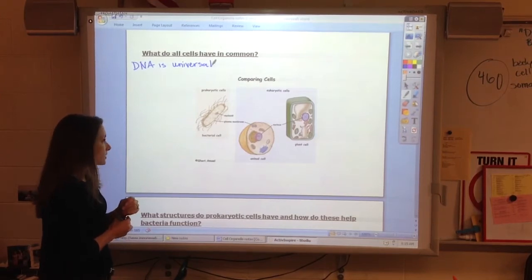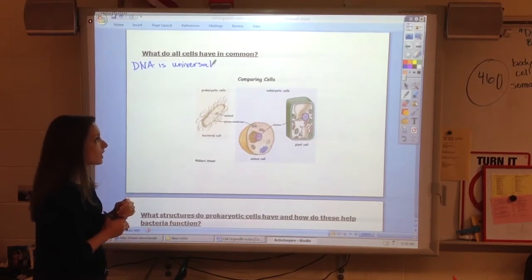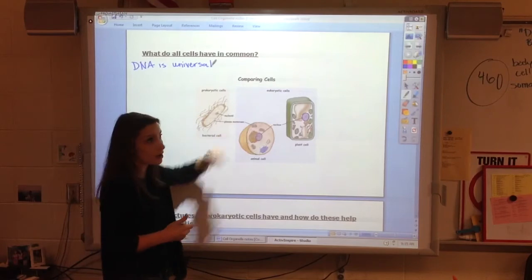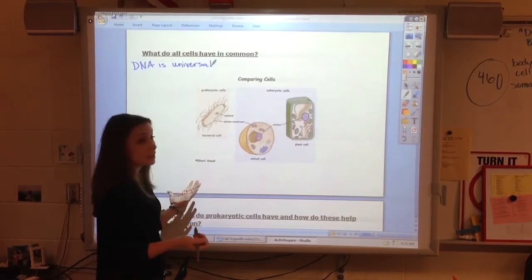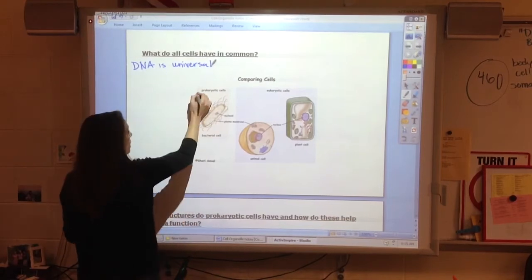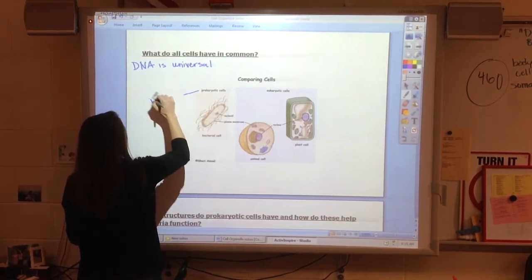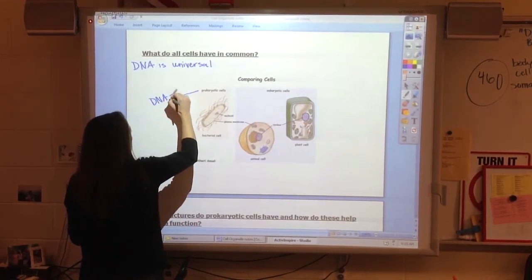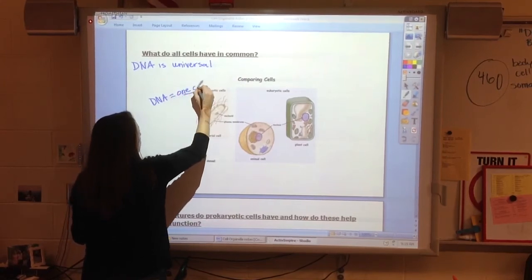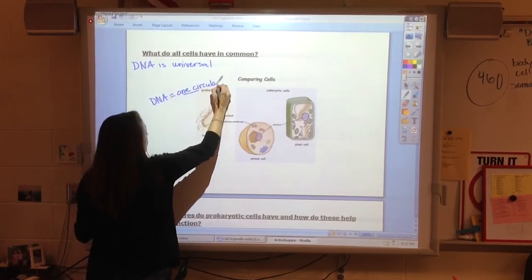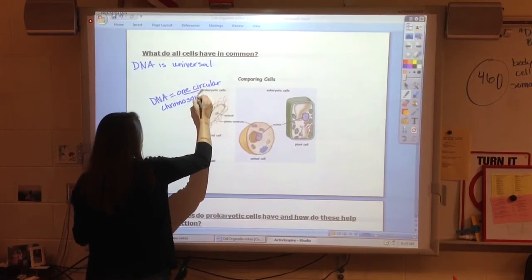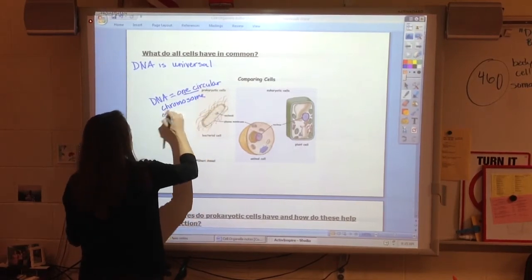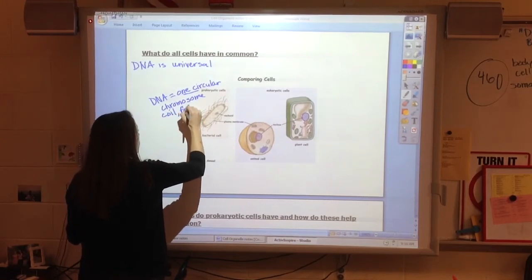One big difference that we're actually going to see in prokaryotic and eukaryotic cells is, of course, the idea of where is the DNA. In prokaryotic cells, the DNA is going to be in one circular chromosome. It's still a large chromosome. It's still going to coil and fold.